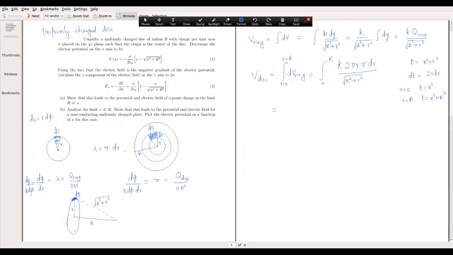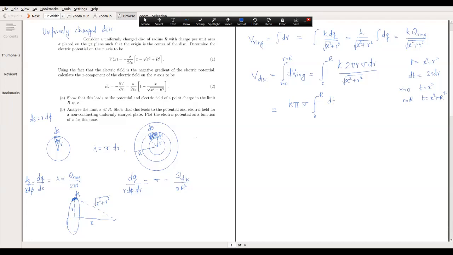Using these relations, we can do this integral. We have 2 times r times dr, which gives you dt. So let me take out a k and a pi and a sigma. K itself is 1 over 4 pi epsilon naught, which I'll start writing in the next step. So 2r dr is dt.